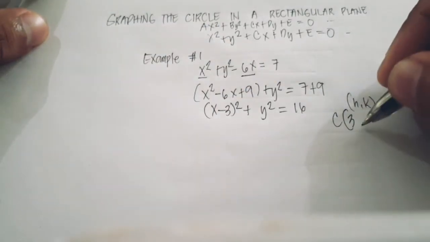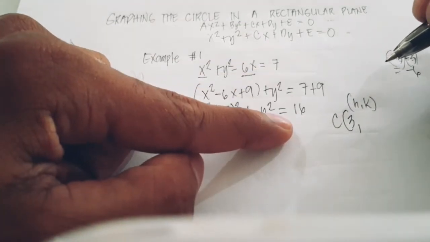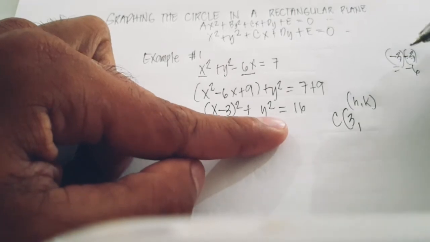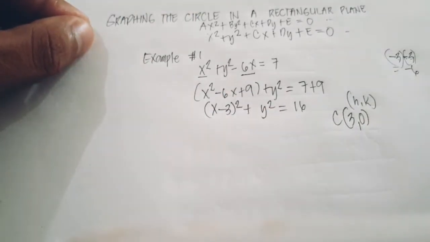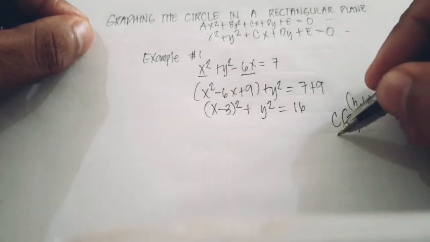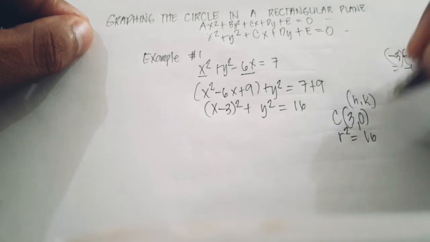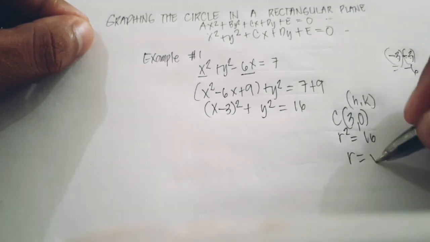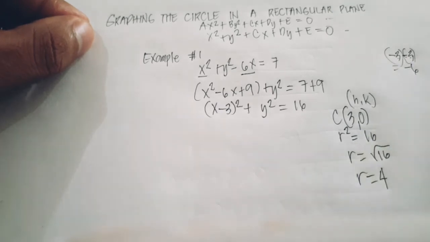Our k is 0 because we don't have a pair of expression in y. So 3 and 0 is our center. This one is our r squared: r squared equals 16, so the radius is the square root of 16, so the radius equals 4.